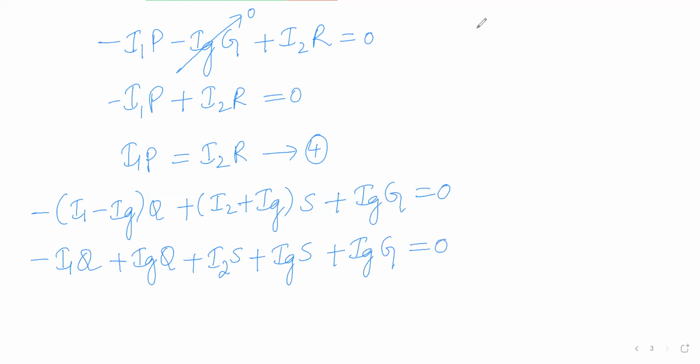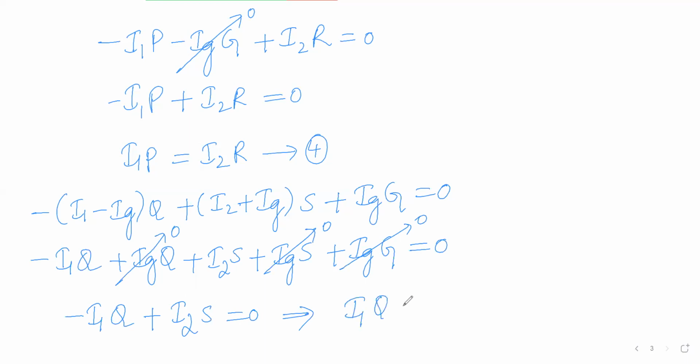We already know that the circuit is said to be balanced. Then we can consider this Ig is 0, then we can directly make it 0 here. So we are left with minus I1Q plus I2S equals 0. Further simplifying this, I can write it as I1Q equals I2S. Call it the fifth equation.